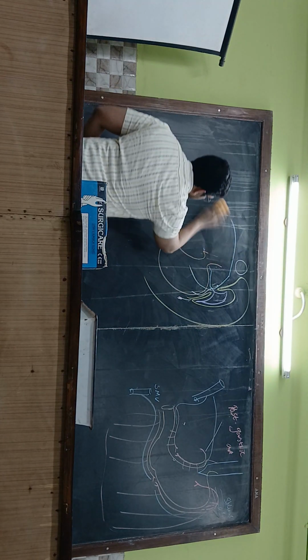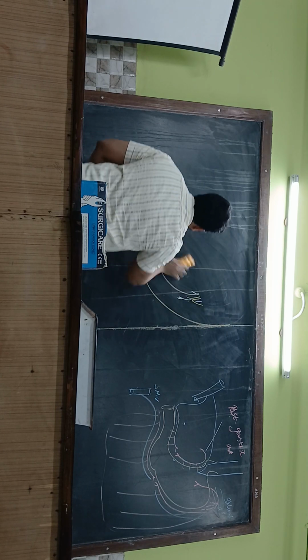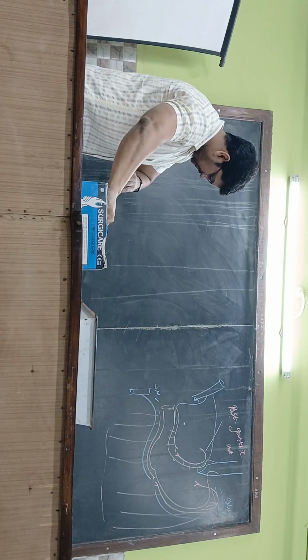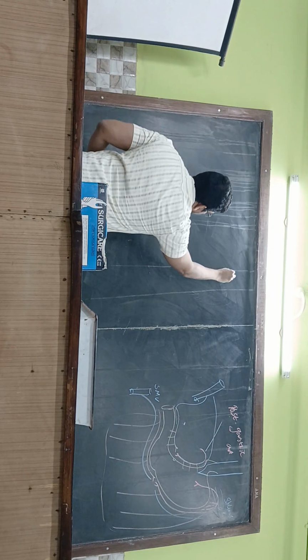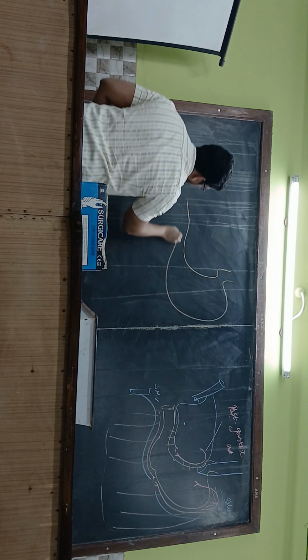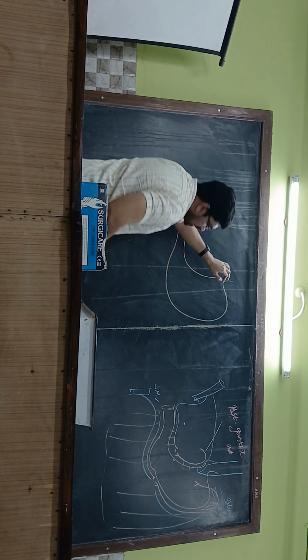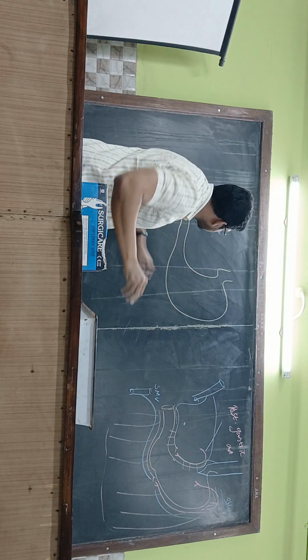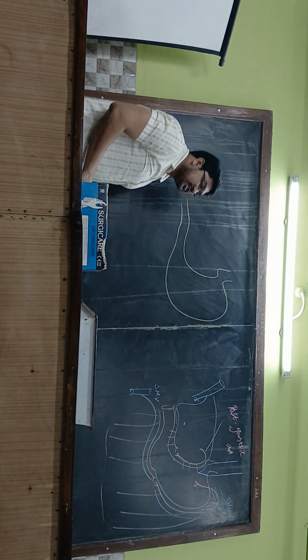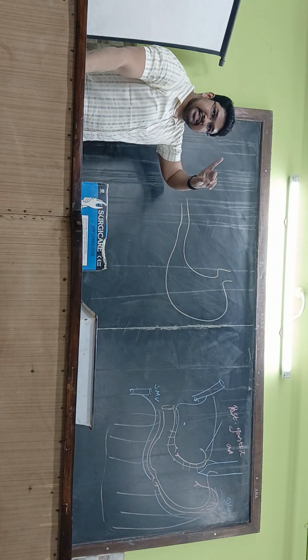What is the nerve supply of the stomach? Nerve supply of the stomach is by means of two nerves. What are those nerves? First of all, try to understand this properly.